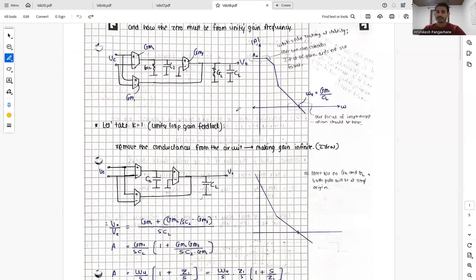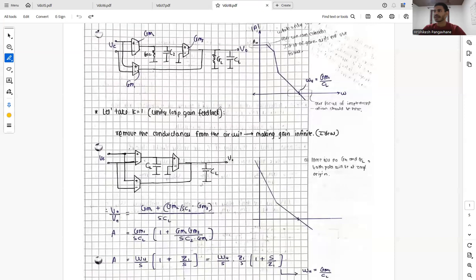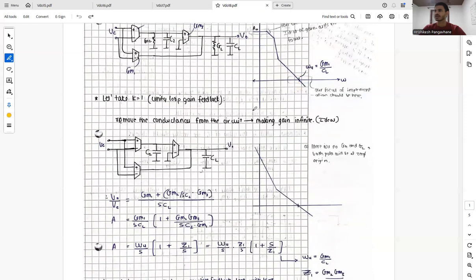Let's suppose that we are placing our op-amp in a unity gain feedback loop. For ease, as we know that omega u lies at very high frequencies, let's remove all the conductances, because at very high frequencies these will be short circuits.